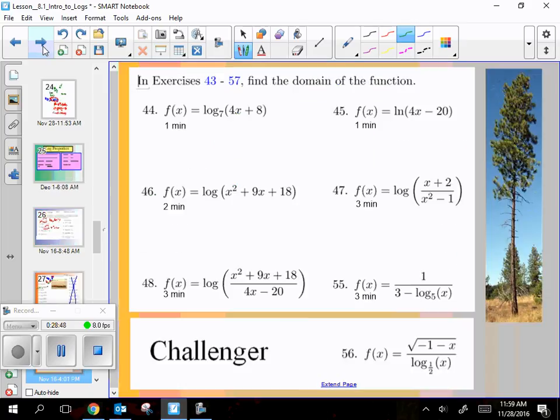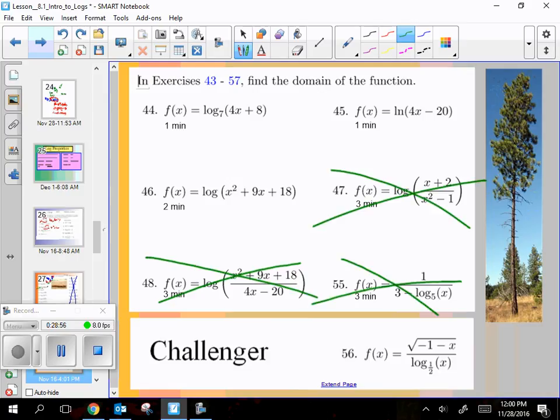Okay, this page, you're going to be skipping this and this and this. Now look back at the one we're actually doing here. Do I have to worry about that 7 causing a problem for my domain? Is 7 ever a problem? Base of 7?